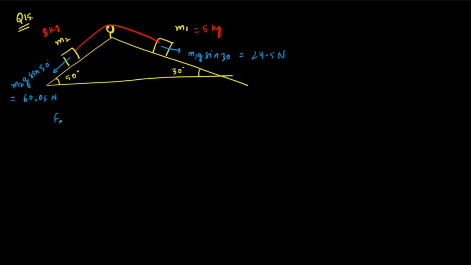So if you try to find out the net force, it is equal to ma. Net force is going to be 60.05 minus 24.5, and it is equal to the sum of the two masses, that is 13A. So A is going to be 35.45 over 13.